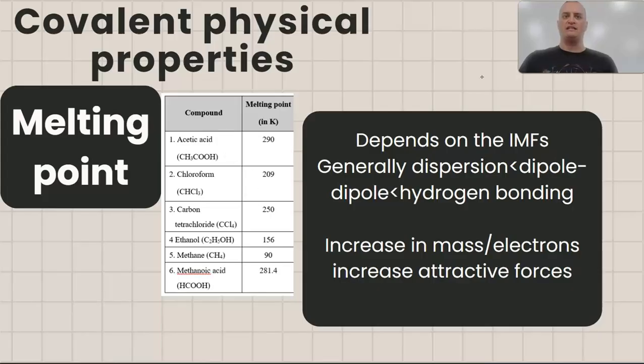Hydrogen bonding like acetic acid and ethanol and methanoic acid with these OHs are going to have higher attractive forces than you will see with a smaller methane. So those polar covalent compounds, higher attractive forces, going to have more things that connect it, making it hard to overcome. However, if things are heavier, that can overcome that same trend like we saw with boiling points.